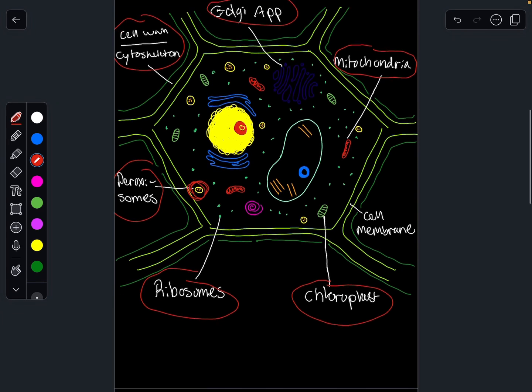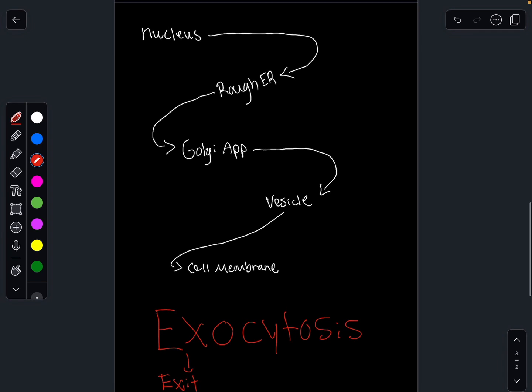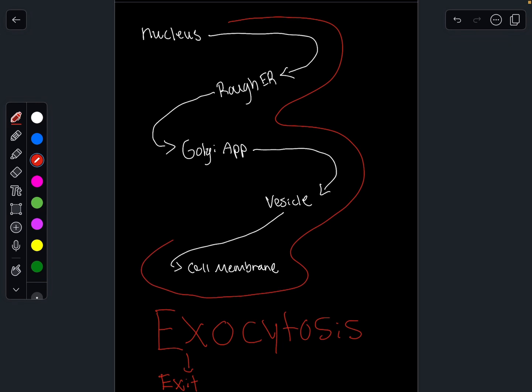And now we move on to the thing we like to call exocytosis. Exo means exit, and this is the diagram I have drawn up for the video. So first, from the nucleus, the DNA is copied to the mRNA.